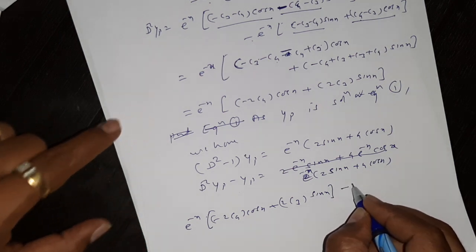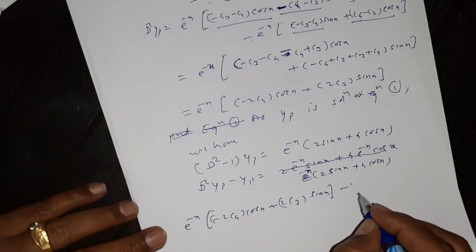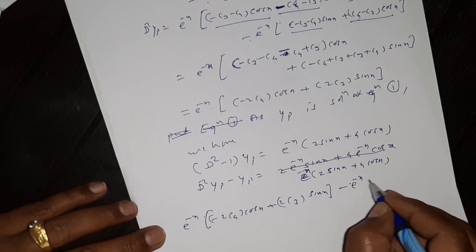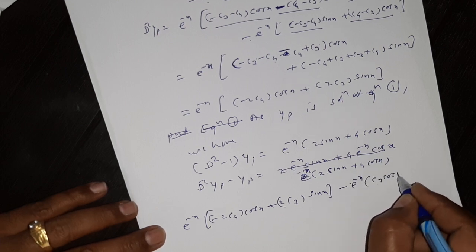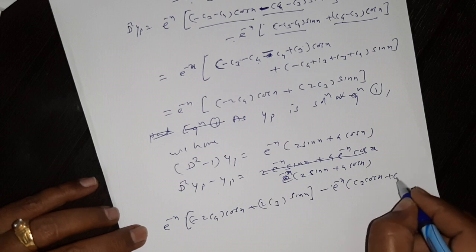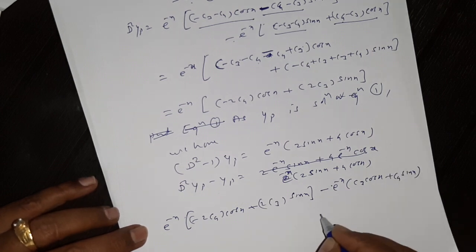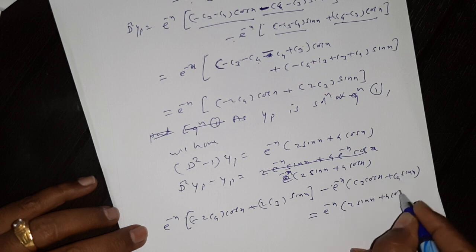Yp is e raised to minus x (c3 cos x plus c4 sin x), is equal to e raised to minus x (2 sin x plus 4 cos x).